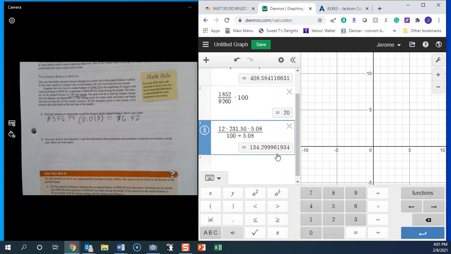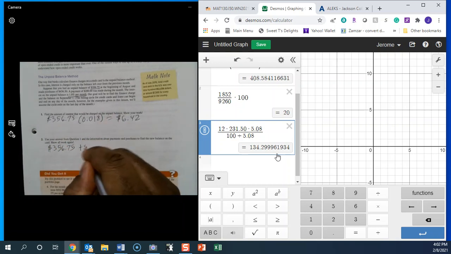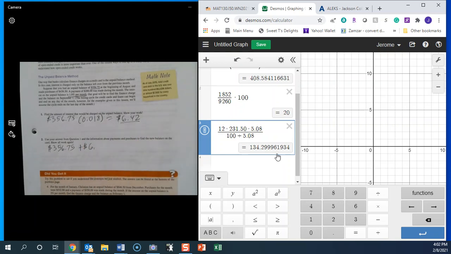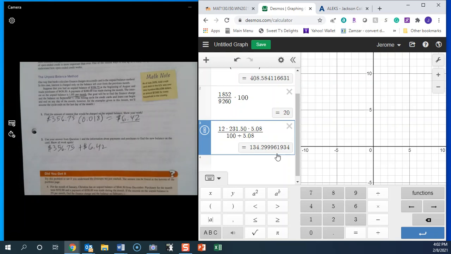Now, number two, use your answer from question one and the information about payments and purchases to find the new balance on the card. Show all work again. Okay, so it'll be $356.75 plus this charge here, the unpaid balance, $6.42.